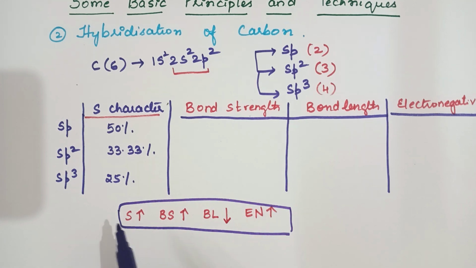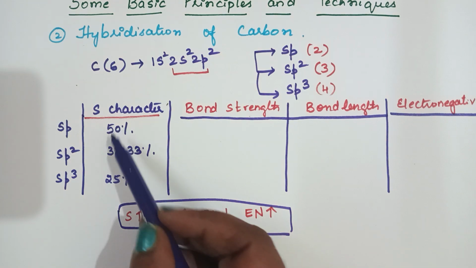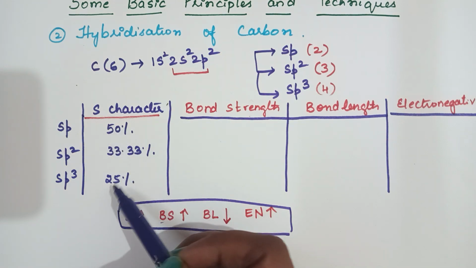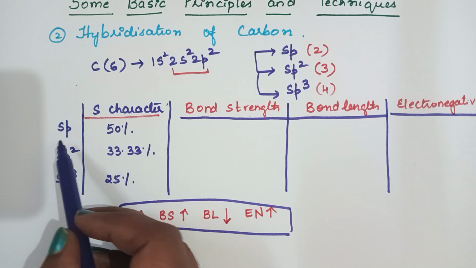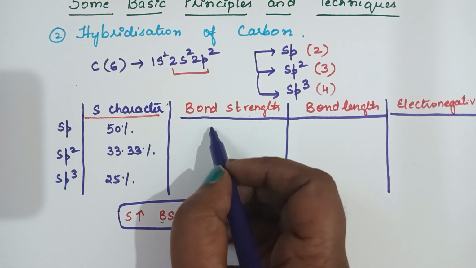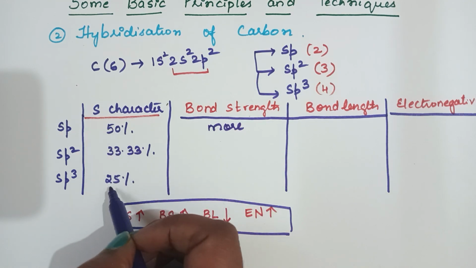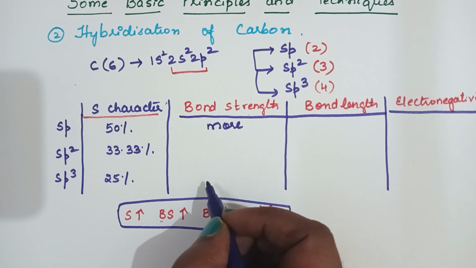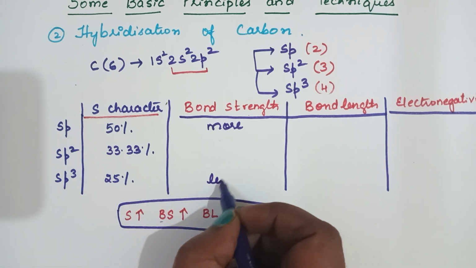This is the relation you have to understand. The more the S character, the more the bond strength. S character is more in sp hybridization, therefore here the bond strength will be more. Here there is only 25% S character, therefore the bond strength for sp3 hybridization will be less.